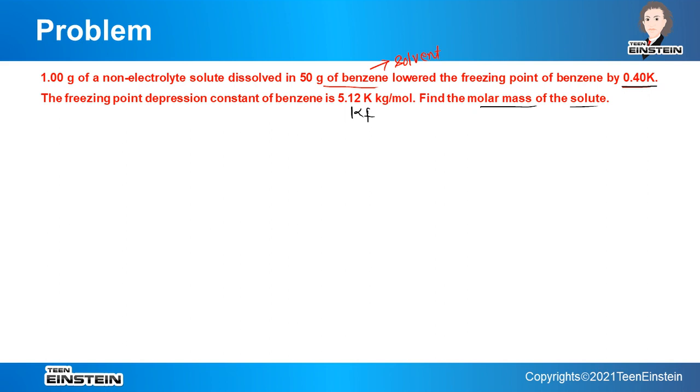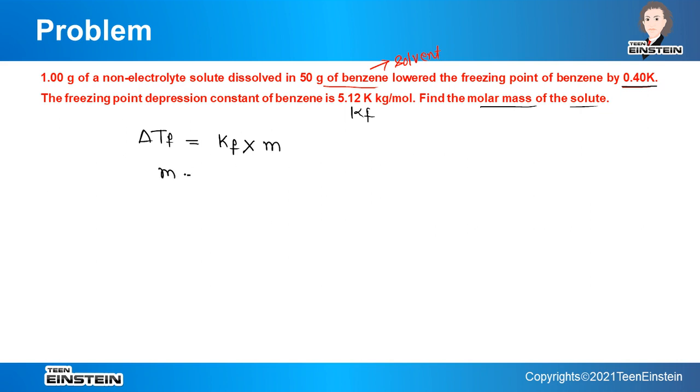information. So here the equation that we will use is the difference in the freezing point, before and after, that is del Tf, which is equal to Kf, the freezing point depression constant, or another name is cryoscopic constant, into molality. So here del Tf is known, Kf is known, but m is unknown.